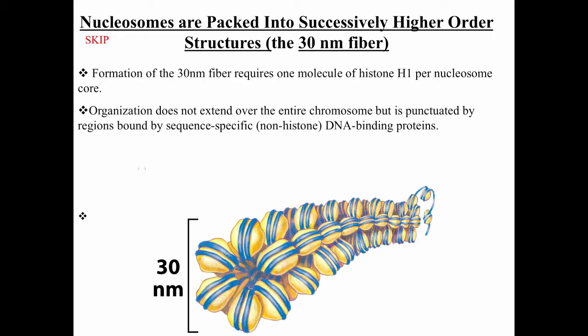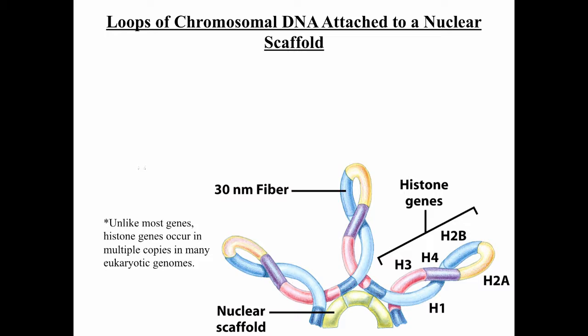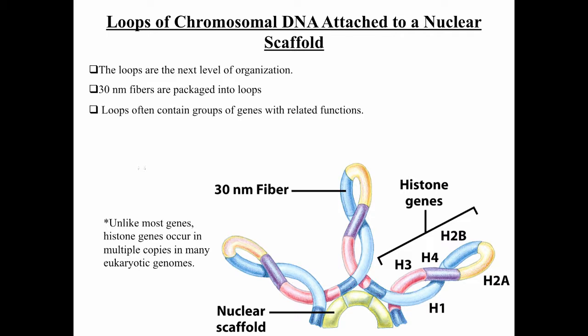So we're going to skip this slide and talk about the looping of chromatin. These structures called loops are the next level of organization of chromatin beyond the 30 nanometer fiber. Essentially, it's taking these 30 nanometer structures and packaging them into loop type structures.